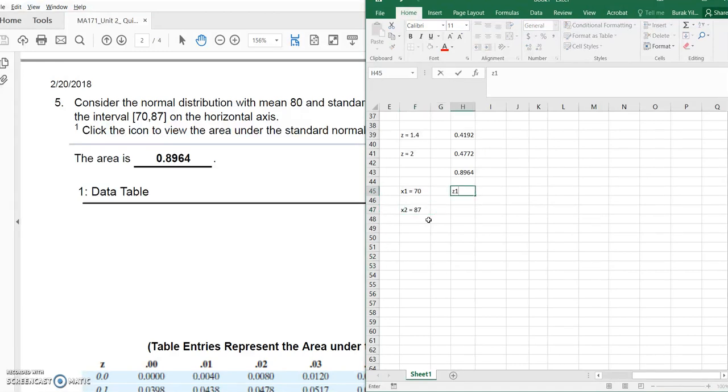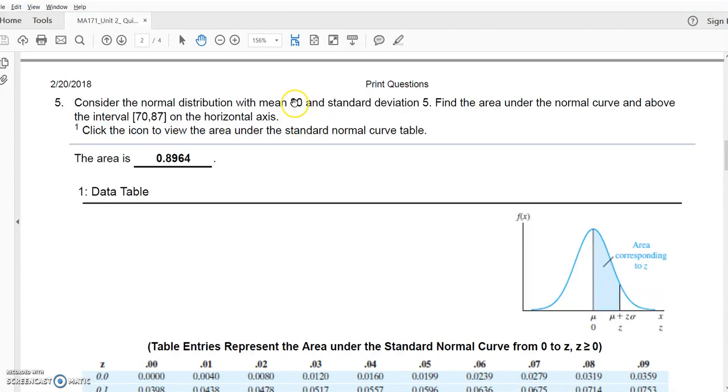So z1 is, the mean is 80, so it's 70 minus 80, and I need to put this in parentheses, divided by 5, because the way you calculate the z-score is x minus mu, the mean, divided by the standard deviation 5.